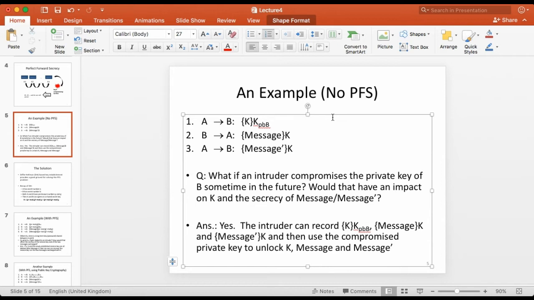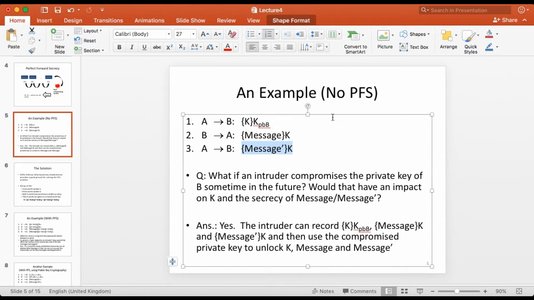Now, if the intruder steals the private key for Bob, then the intruder will very simply decrypt the first message and release K from it. And then the intruder will use K to decrypt the second message and the third message, therefore releasing the content of those two last messages.